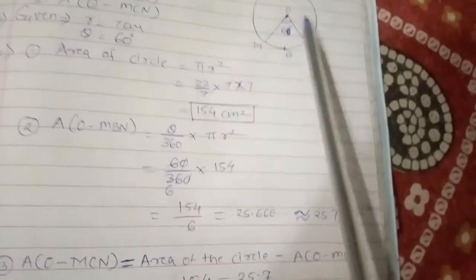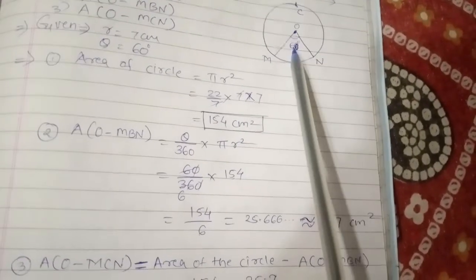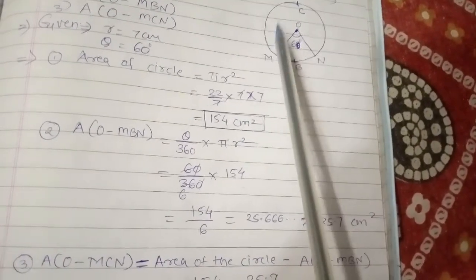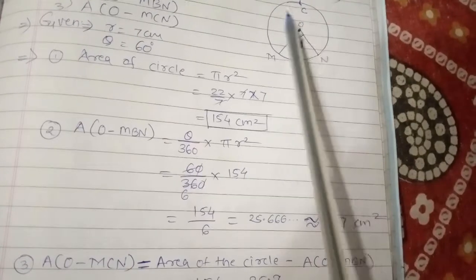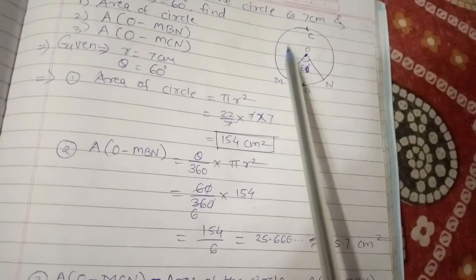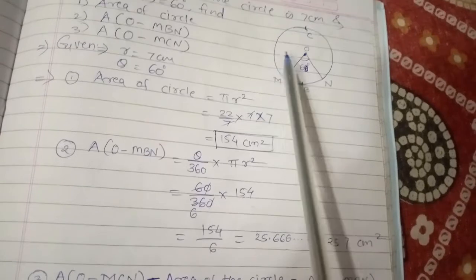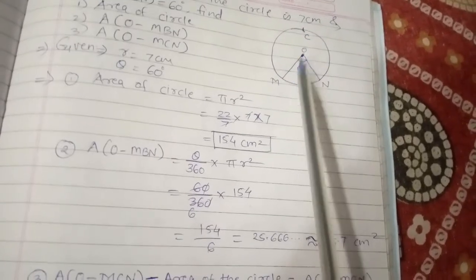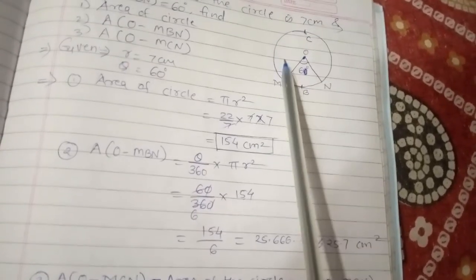So here we found the area of the total circle, and also the area of the minor sector. Now we are going to find out the area of the major sector.